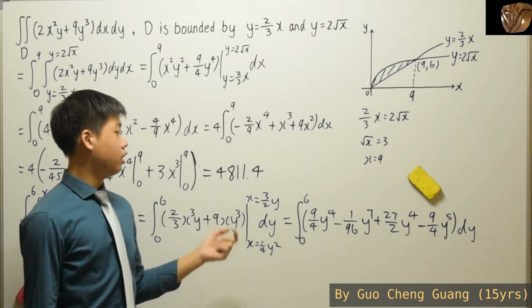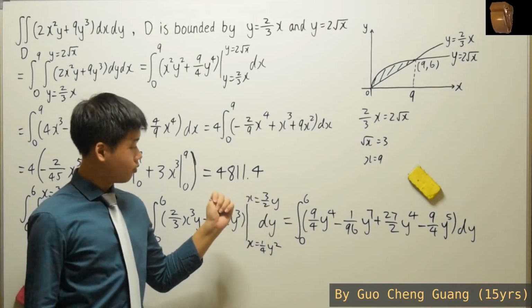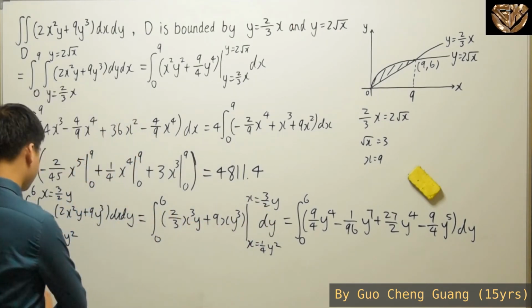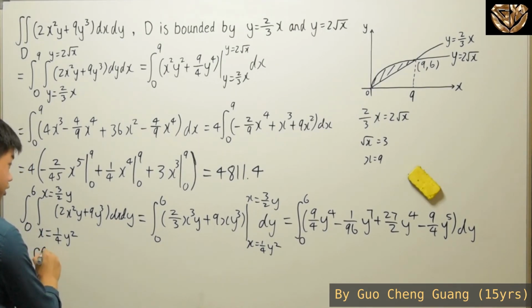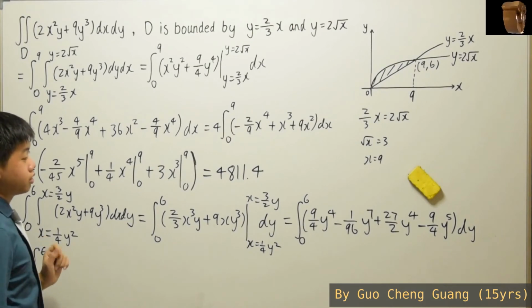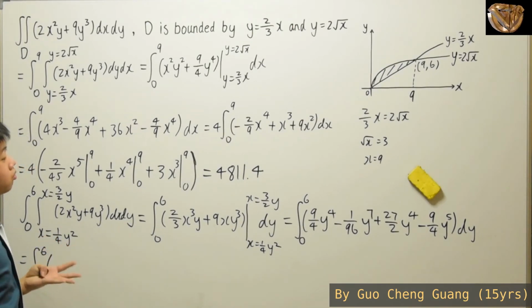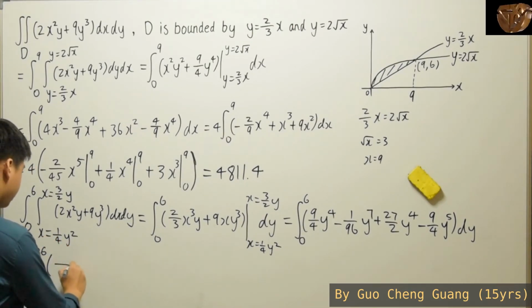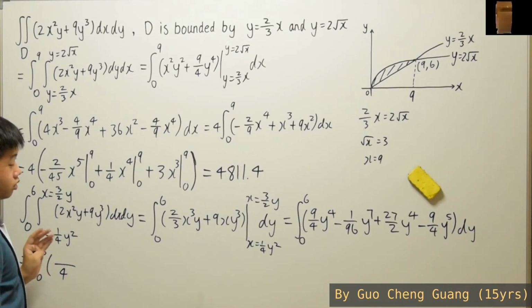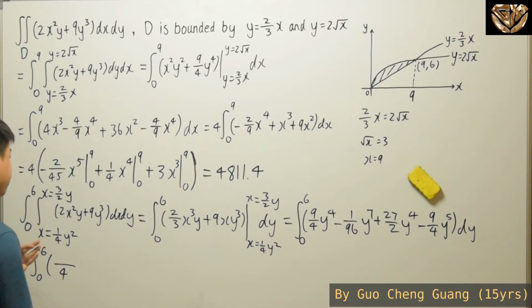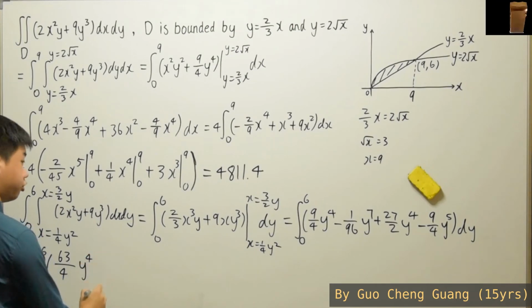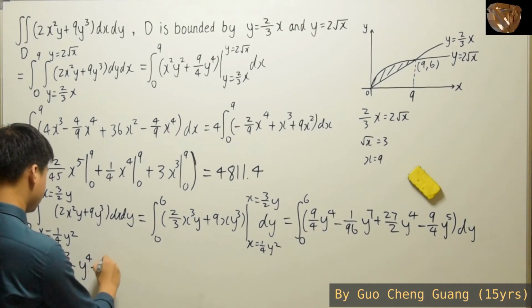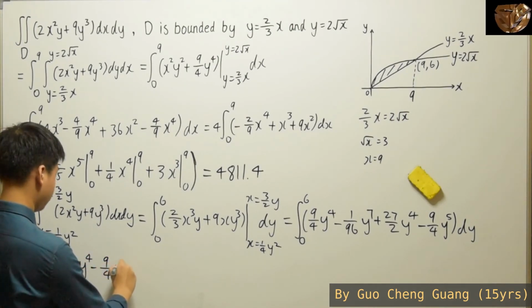And of course, again, you could choose to put some of the things together. Integrate from 0 to 6. So the things that you can put together will be your y to the power of 4, where you're going to see over 4, so 9 plus 54, which is 63. y to the power of 4, then minus 9 over 4 y to the power of 5.